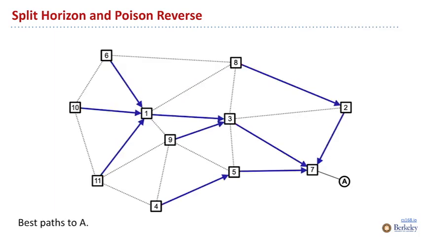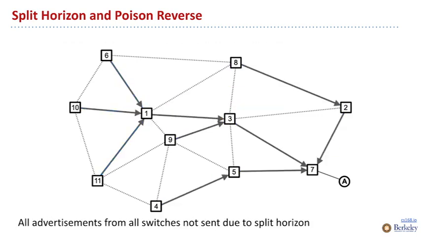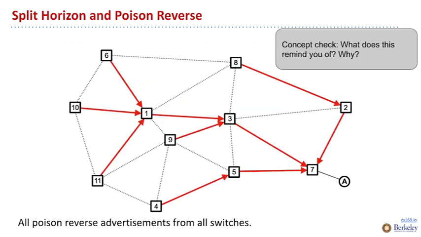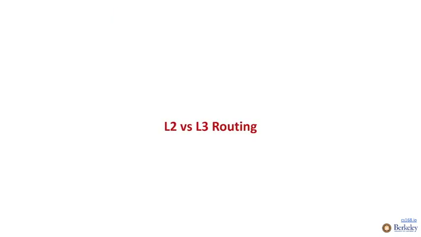This should make sense because you don't send your updates along the route that your packet is going to take. And so the updates that you leave out for split horizon, or the updates that you send with a cost of infinity, will be on the same edges as your best path tree. Kind of look from above.